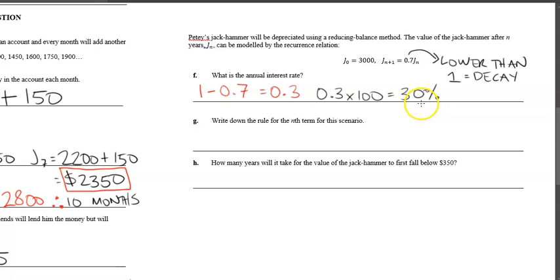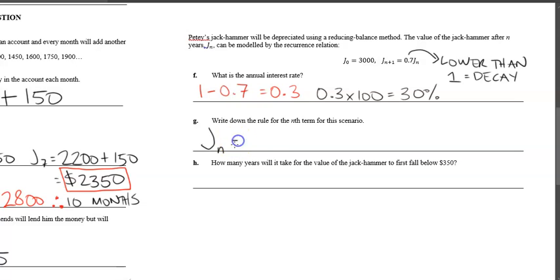So now we're going to write down the rule for the nth term in this scenario. To write down the rule for this one, all we have to do is we always start a rule with J of n. So recurrence relation, we always write J of 0 and then J of n plus 1. For a rule, it always starts with J of n, or whatever the letter of interest is of n.